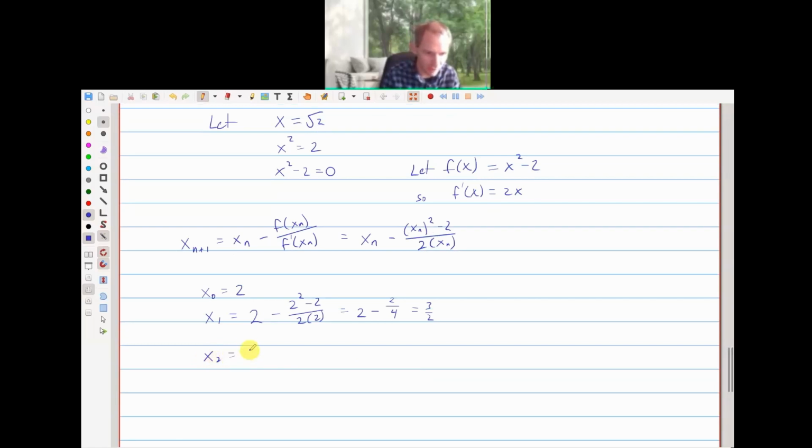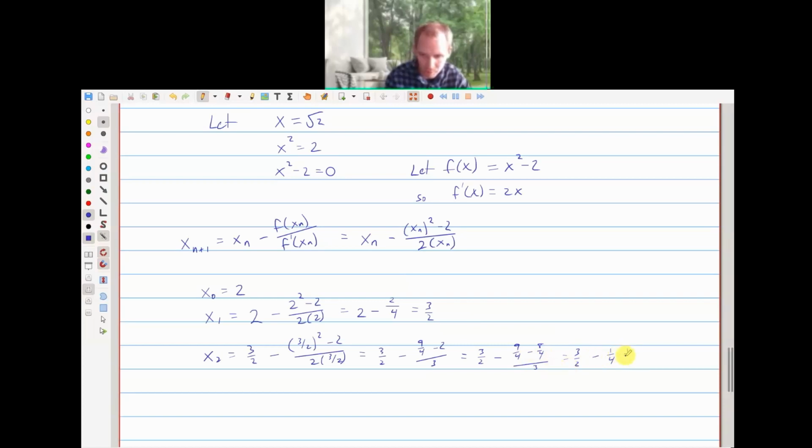So then our second approximation is going to be 3/2 minus (3/2 squared minus 2) over (2 times 3/2). And this one I think I can compute by hand too. The next one is going to be a little bit rough, but this one let's try out. When I square 3/2, I'll have 9/4. And 2 times 3/2 is just 3. 9/4 minus 2 is 9/4 minus 8/4, over 3. 9/4 minus 8/4 is 1/4.